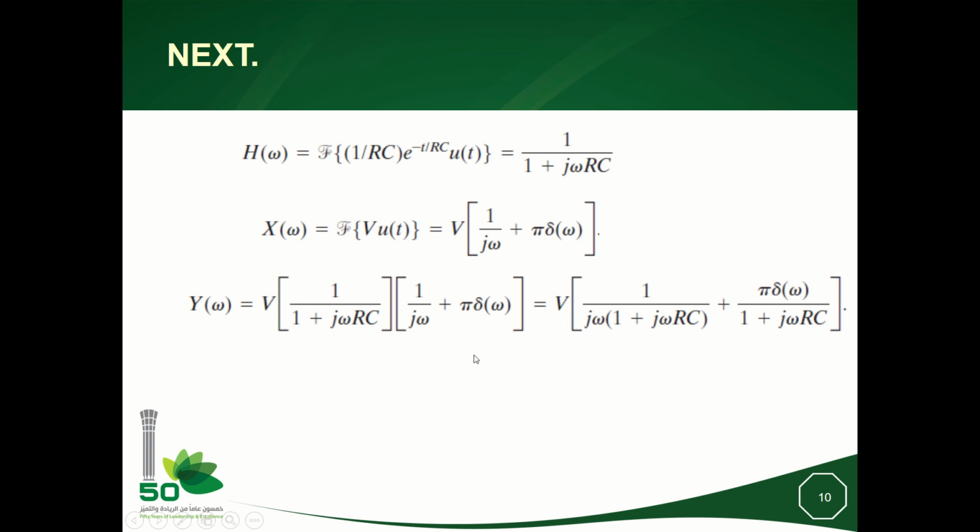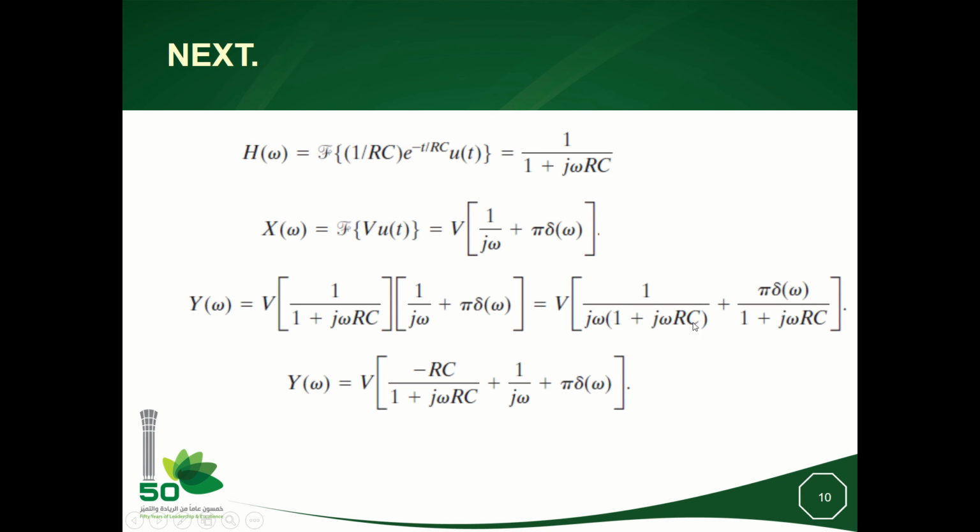Now, our objective is to return back to time, to have y(t). So we have to evaluate the inverse Fourier transform of this term, and the inverse Fourier transform of this term. So I need to decompose this term into two parts.